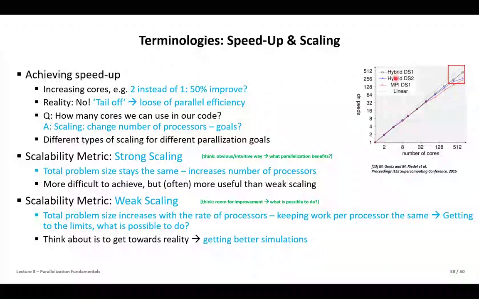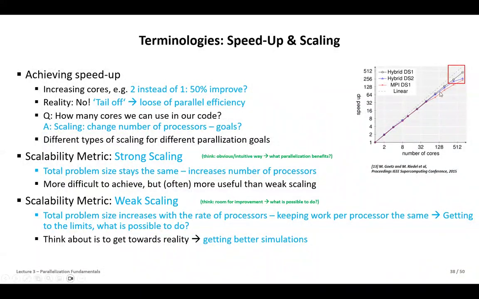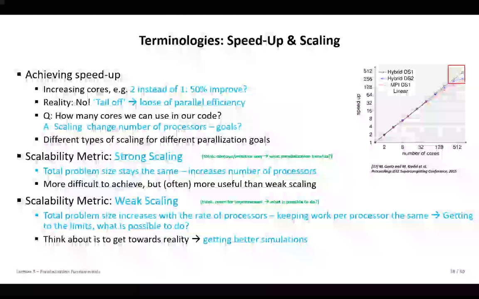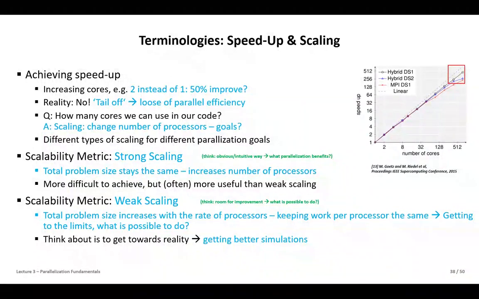But you see this hybrid, which stands for MPI plus OpenMP, something you will learn in lecture 4, we can keep close to linear performance and don't have a major tail off here. But this is something you need to analyze, that you want to show by the number of cores when you scale up your application.